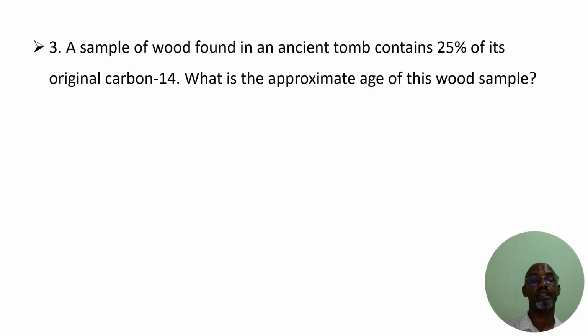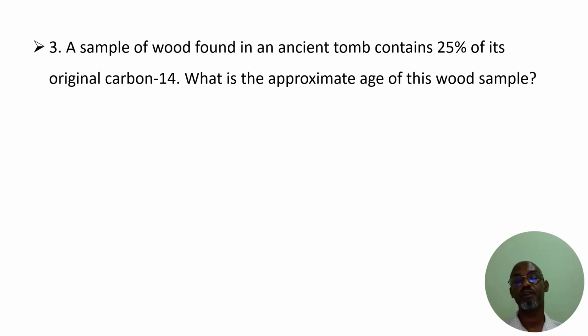The third question. A sample of wood found in an ancient tomb contains 25% of its original carbon-14. What is the approximate age of this wood? It's very simple. When a radioactive substance decays, half is lost each time. Therefore, from 100% to 50% after one half-life.